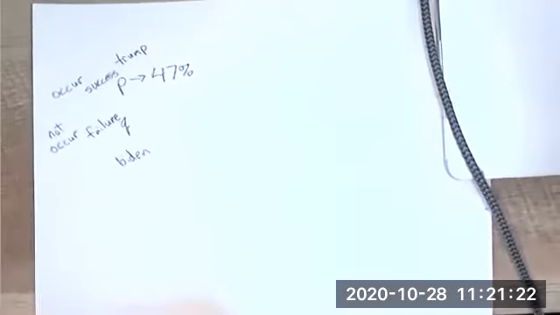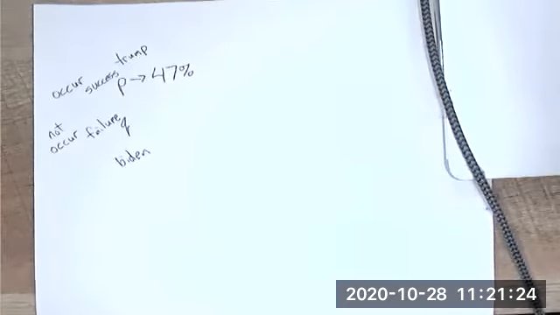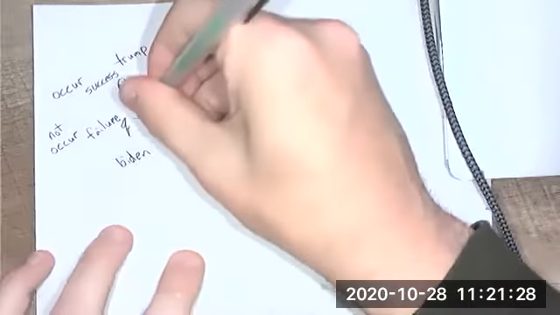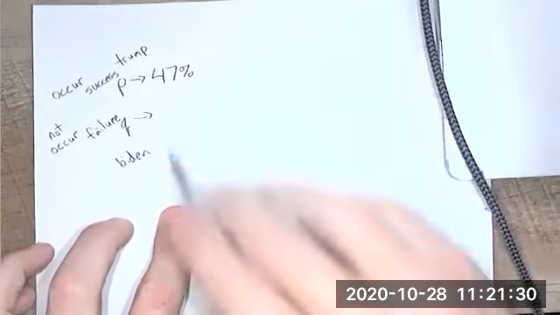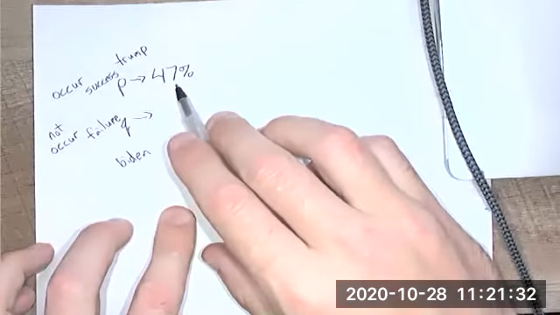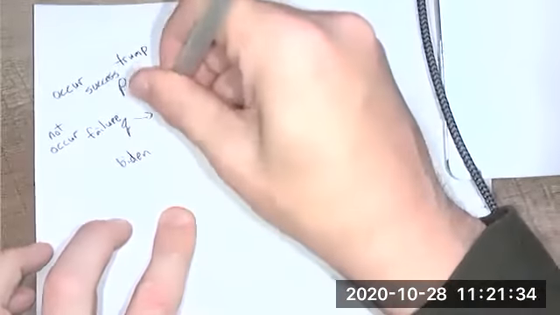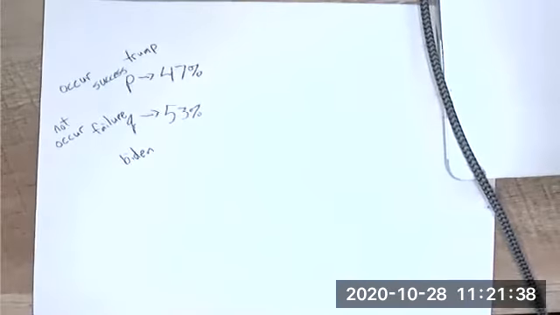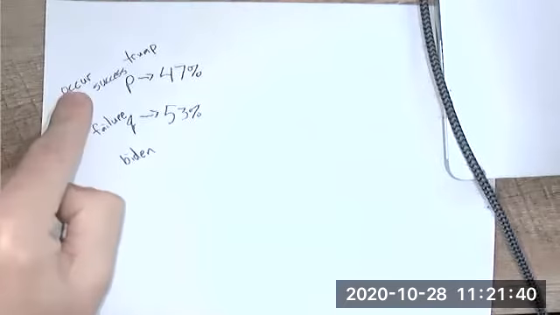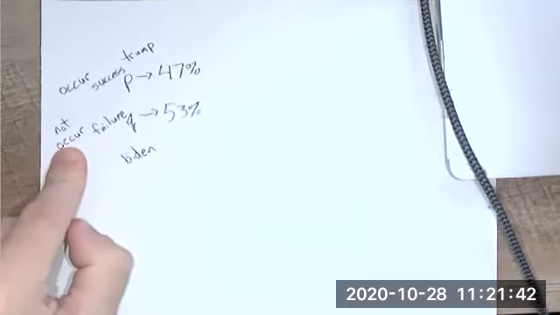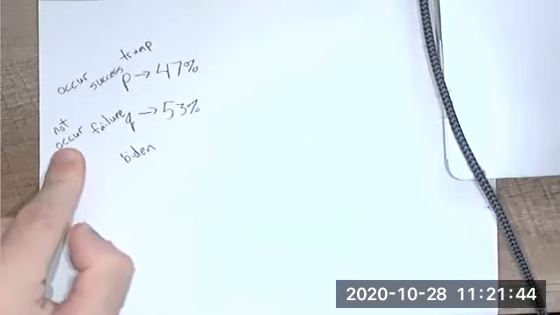And I'm making these numbers up. I have nothing to base any of this on, but I wanted to get this foundation. P and Q add up to 100%. So if 47% of the voters voted for Trump, that would mean that 53% of the voters voted for Biden. It must be the case that either an event occurs or does not occur. The binomial must occur for the proportion.